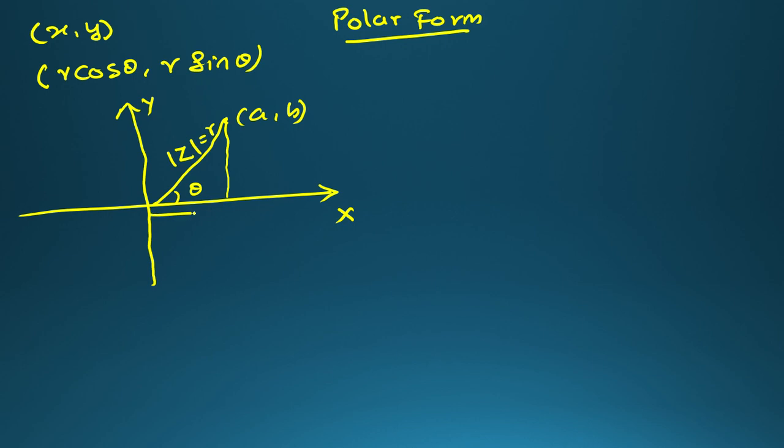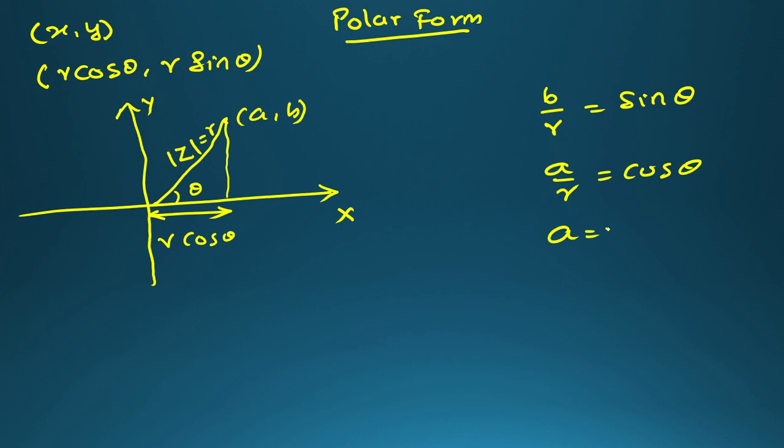So what will this base line represent? Don't you think it will represent r cos theta? Why? Because b upon r is equal to sin theta, perpendicular upon hypotenuse, if you remember, and a upon r is equal to cos theta.